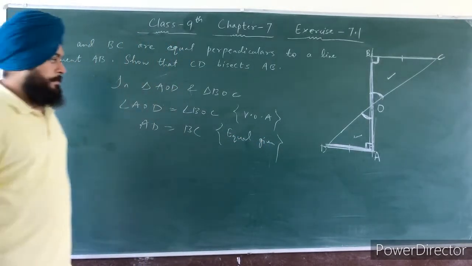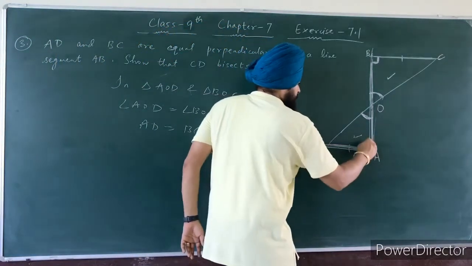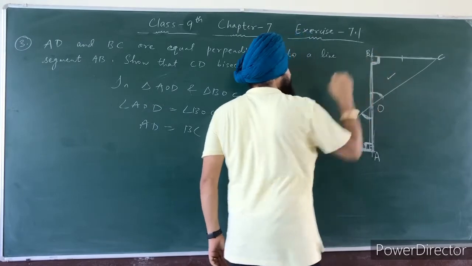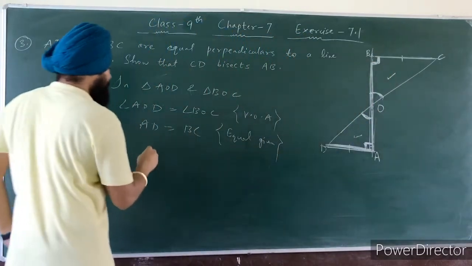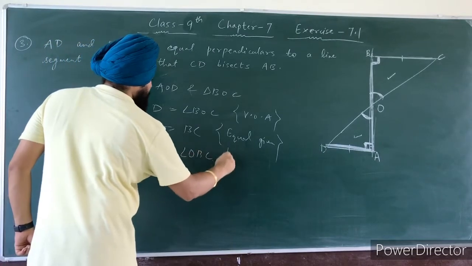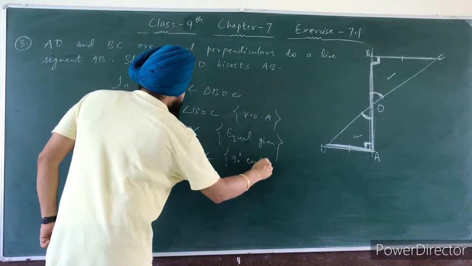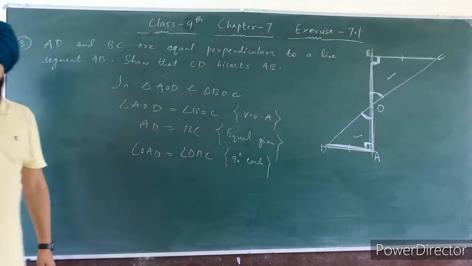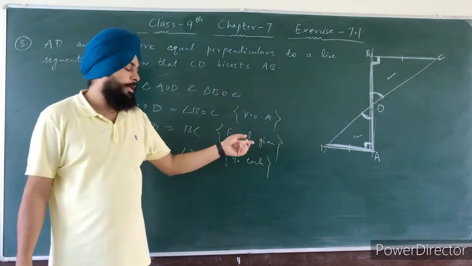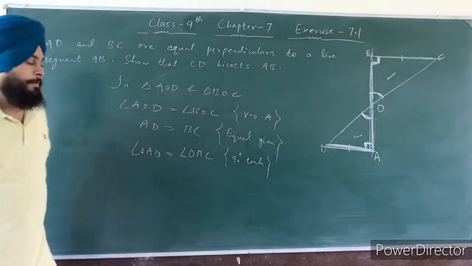And the third is, we check here in this triangle, this angle is 90 degrees, and in this triangle BOC, this is 90 degrees. So you can write angle OAD is equal to angle OBC. Reason: 90 degrees each. Students, you have to write the reason first. Writing the reasons is necessary, okay? So you write in that way.